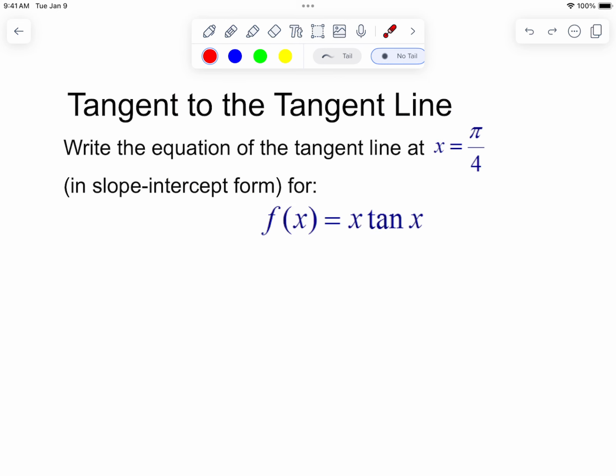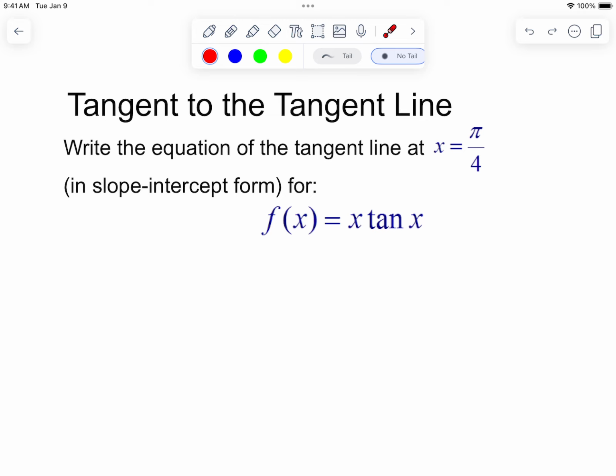So with this problem, we want to find the equation of the tangent line in slope-intercept form for f of x equals x tan x at pi fourths. This is something we should know how to do. As I just mentioned a few seconds ago, I'm going to have you try these on your own.